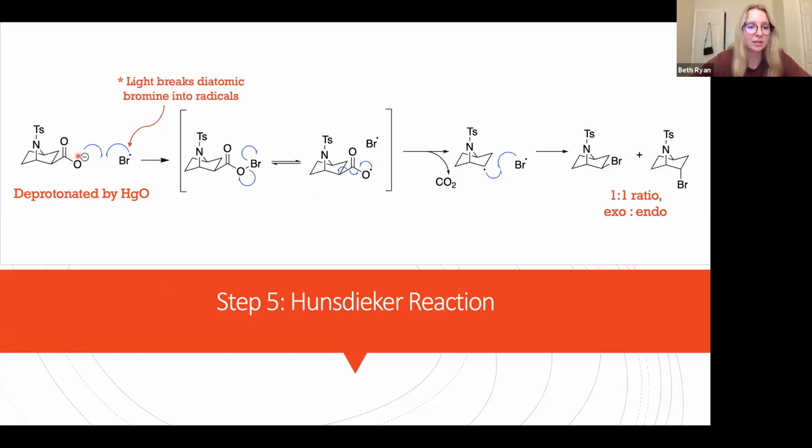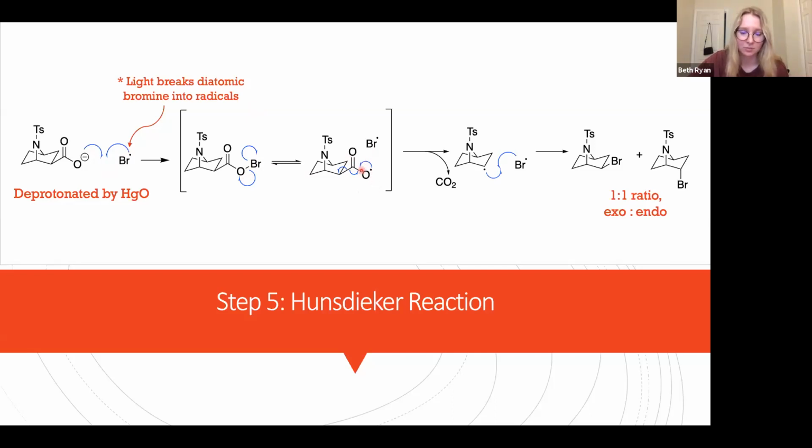So I have my single-headed arrows, and one of the electrons from this oxygen bumps out, and then this bromine radical can bump out to form a bond between the oxygen and the bromine. And then right after that happens, it breaks, and it has this interesting resonance form. So you have your bromine radical that just left, so it makes a bond, and then it leaves to allow for this to happen.